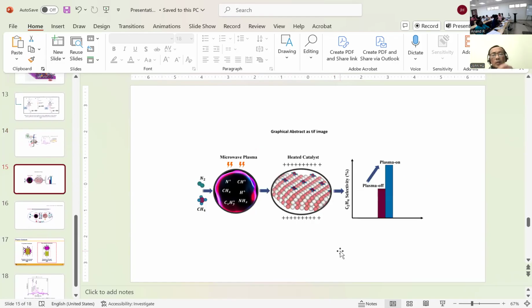This is something we published in a paper. Everybody is wondering, when you have nitrogen and methane coming into a chamber, what is going to happen? Some people say they all carry positive charge, but not necessarily, because if they all carry positive charge, where would the negative charge be?